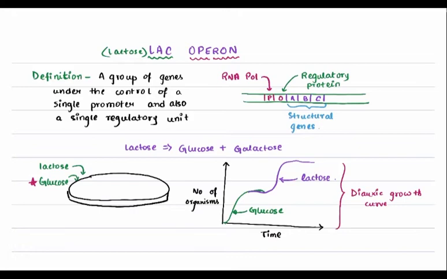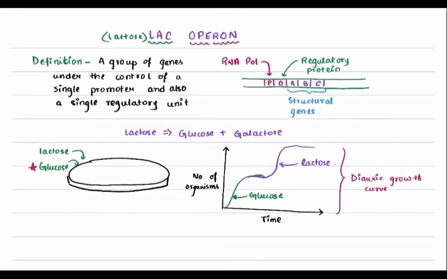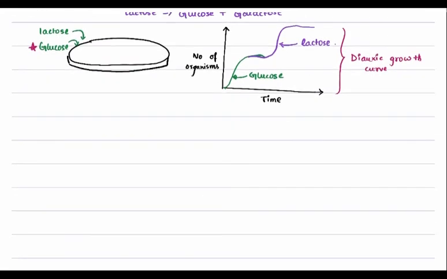Now moving on to the Lac Operon. Like I said, it is specific for metabolizing lactose, which is present in the medium. The Lac Operon consists of 3 different structural genes: LAC-Z, LAC-Y, and LAC-A.